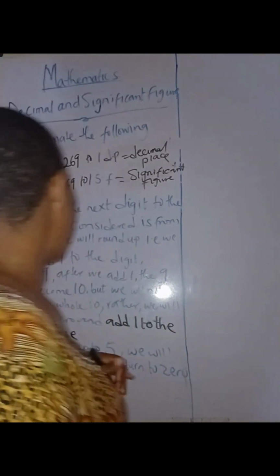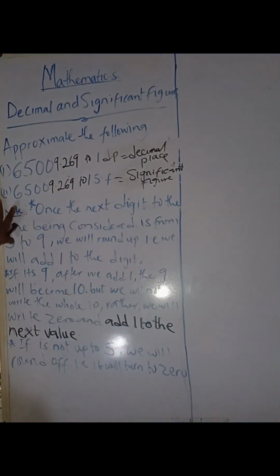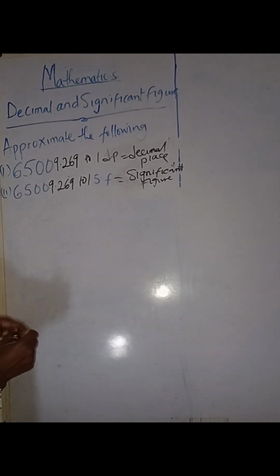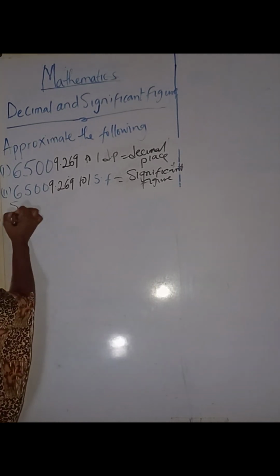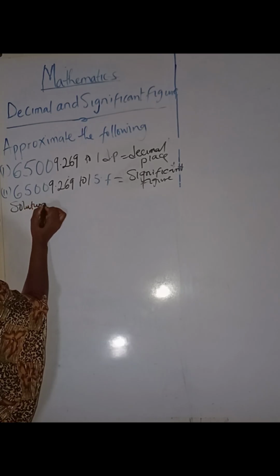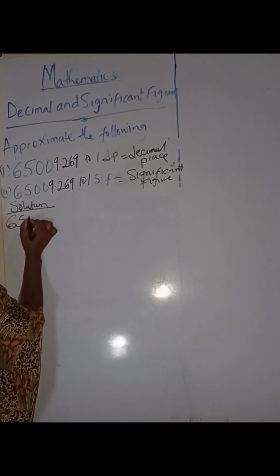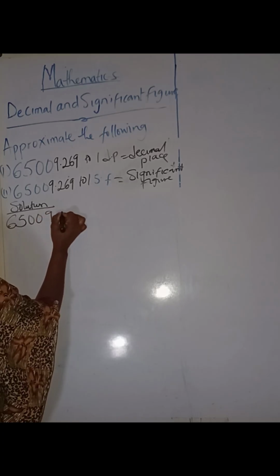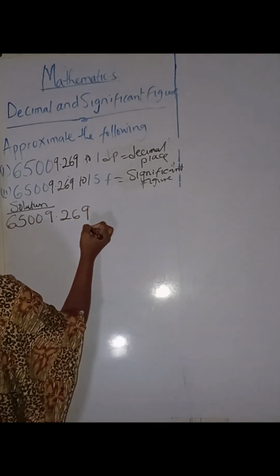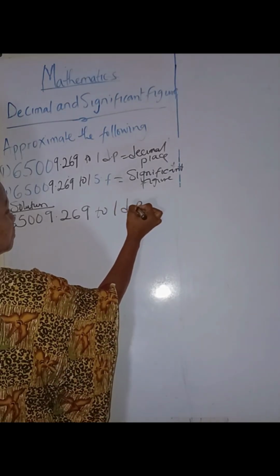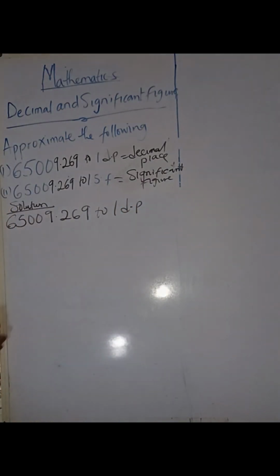So now let's attempt our questions. Solution. We are asked to approximate 65009.269 to one decimal place.